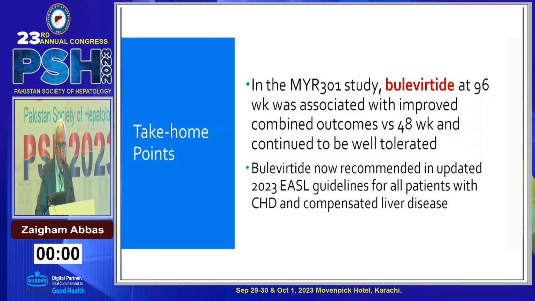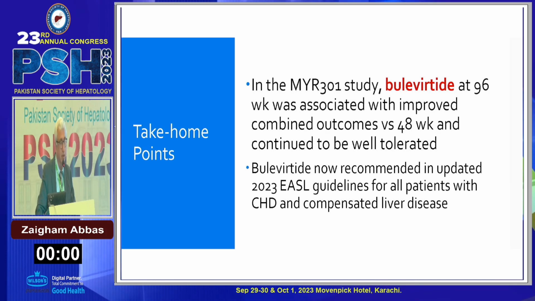The newer drug, bulevirtide, in one of the recently published studies, shows improved combined outcome at 48 weeks, and treatment was well tolerated. This is an ongoing study, so further results would be awaited and welcome.